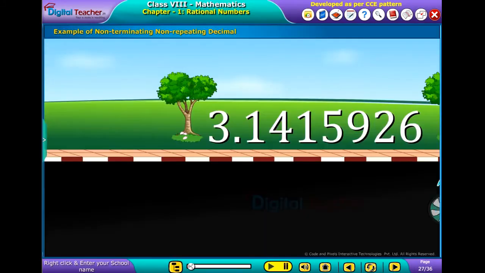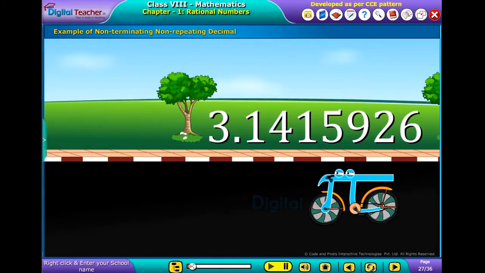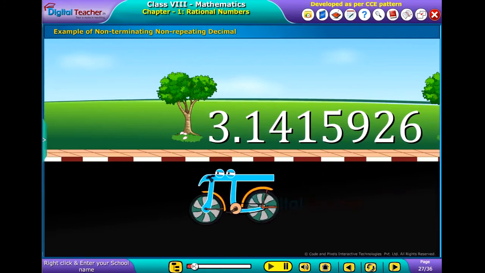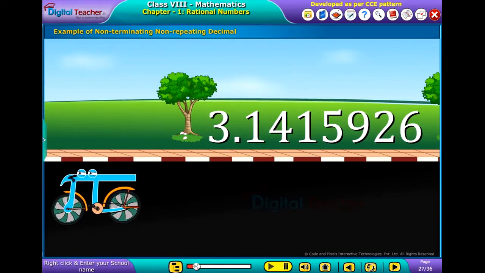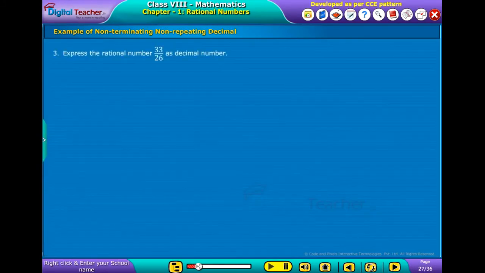Let us see an example of decimal representation of a non-terminating, non-repeating decimal. Express the rational number 33 by 26 as a decimal number. Solution: when 33 is divided by 26, we get as follows.